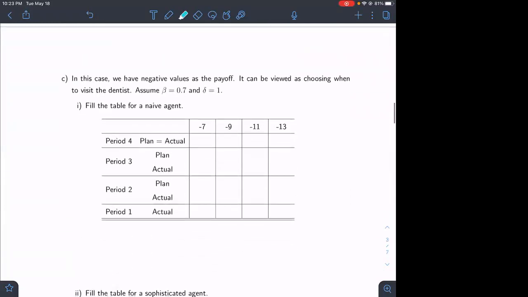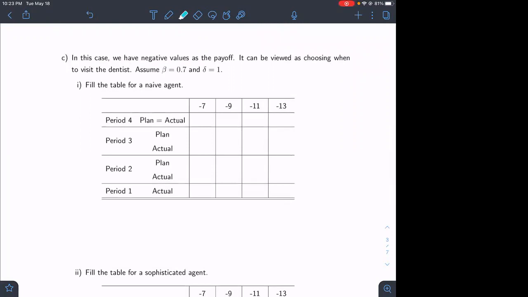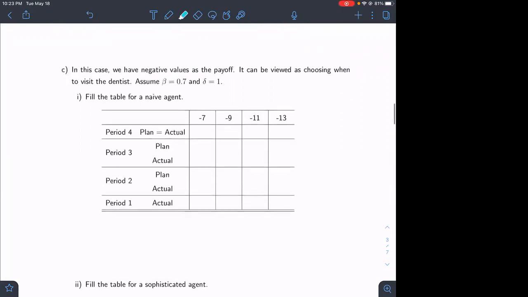This is an interesting example where we have negative values here. In the original paper of O'Donoghue and Rabin, the original paper is from 1999, published in the American Economic Review.